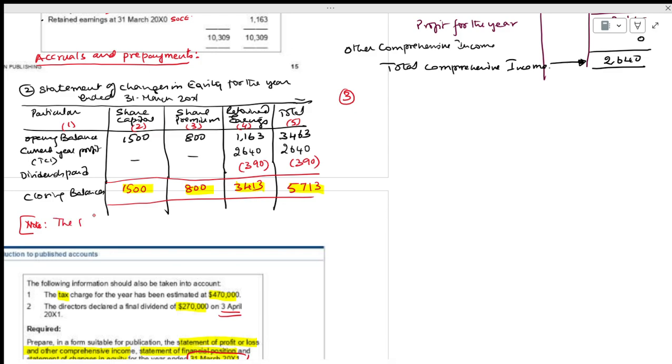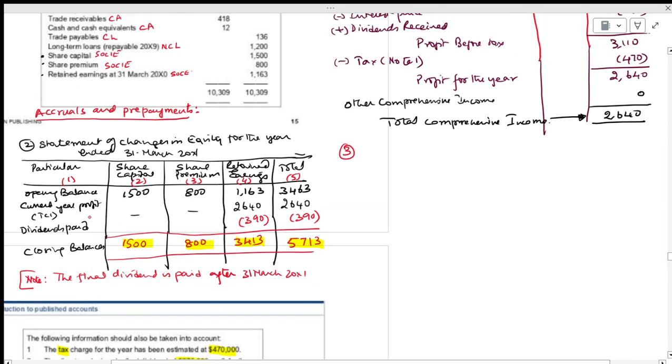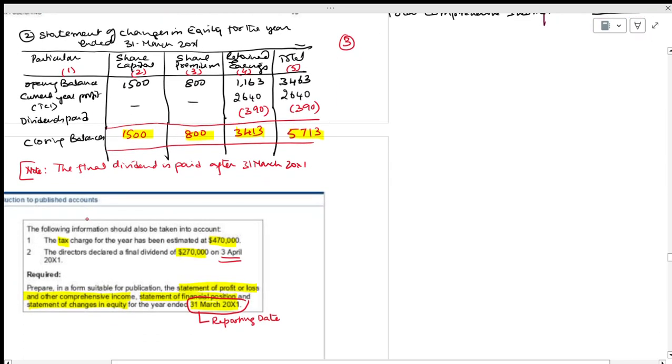The final dividend is paid after 31st March 2001. Paid or declared? Declared, not paid, declared. Is it right?